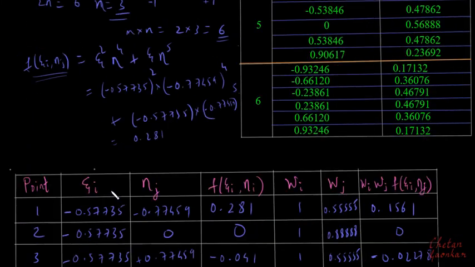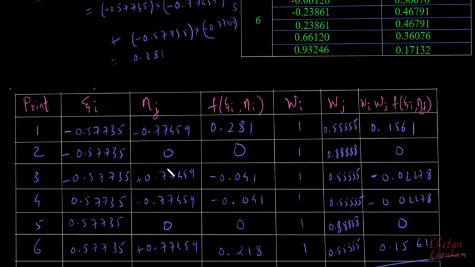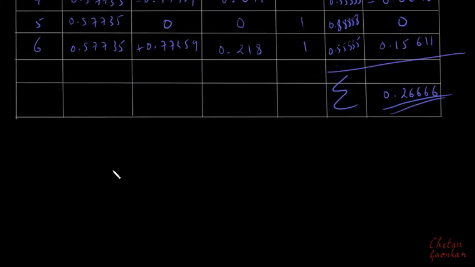But if they are in another coordinate, the way we had seen last time, then we have to use something called a mapping function. For the sake of example, let us consider one more example.